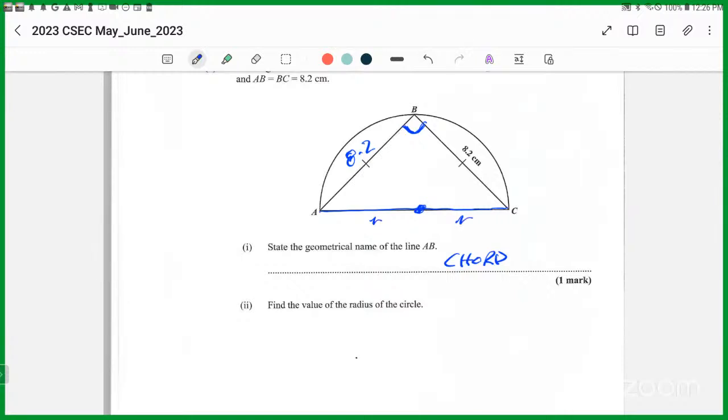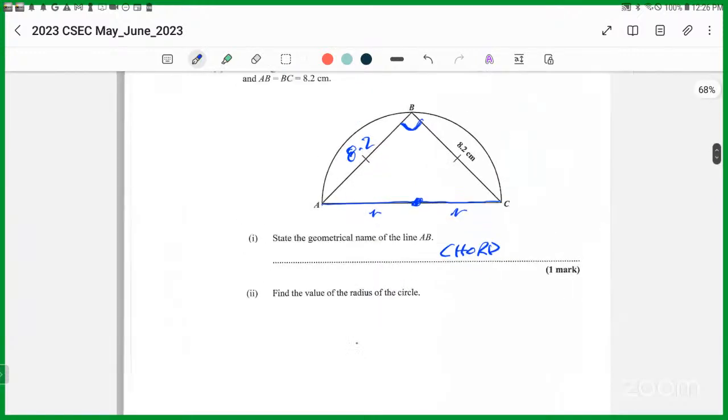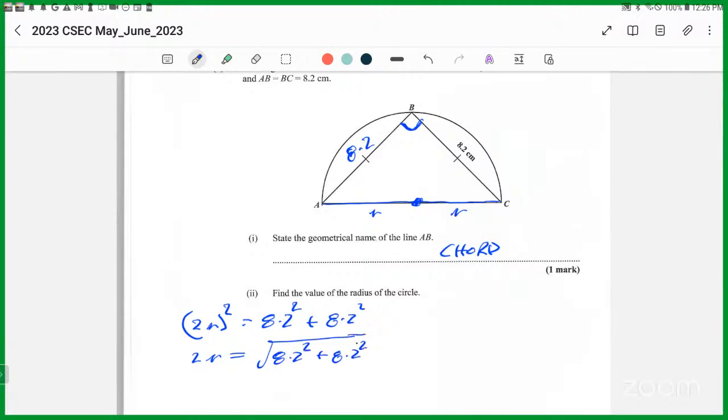So we could say, okay, using Pythagoras' theorem, treating all of this as the hypotenuse, 2 times the radius squared is equal to 8.2 squared, that's this side squared, plus 8.2 squared. And so 2 times the radius will be the square root of 8.2 squared plus 8.2 squared.